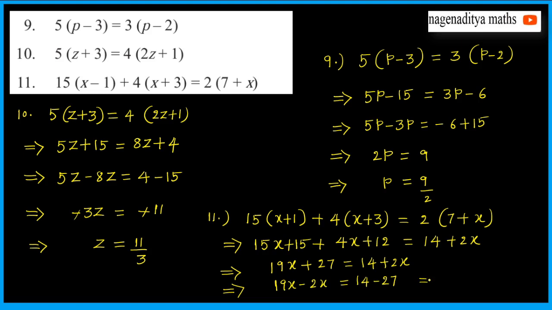So 19 minus 2x is 17x. 17x is equal to minus 13. This implies x is equal to minus 13 by 17. So this is the final answer.